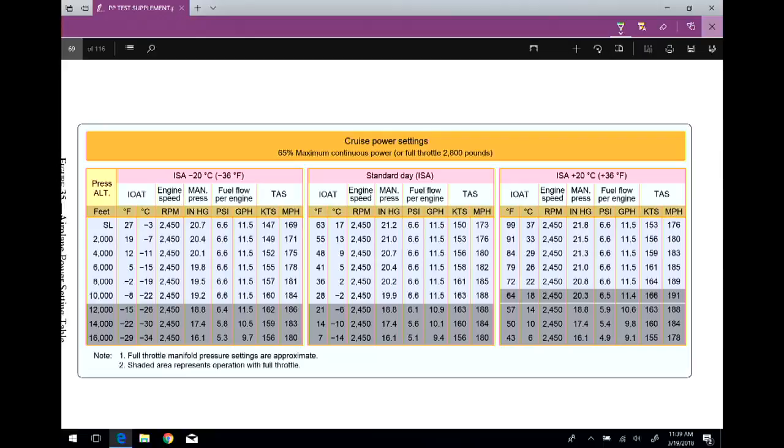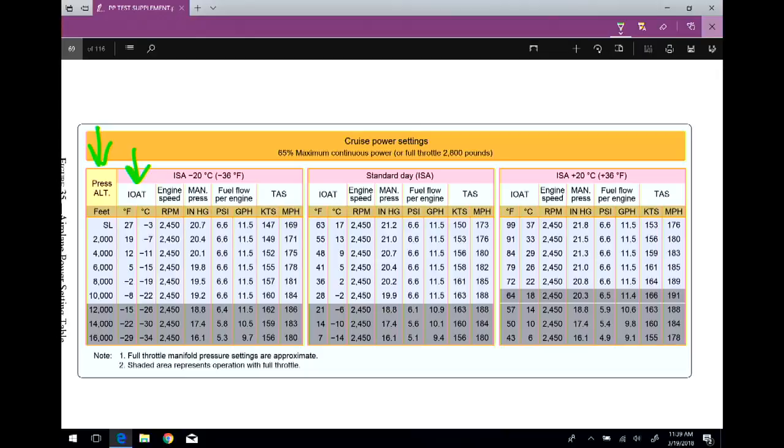Now, let's look at this. Tell me what we have in these columns. Pressure altitude and indicated outside air temperature. Okay? Pressure altitude's on the left. We have our temperature in that next column. Right next to it we have what? RPM.